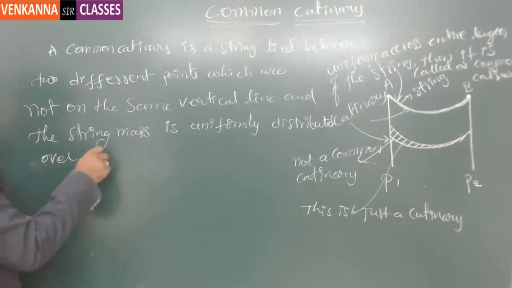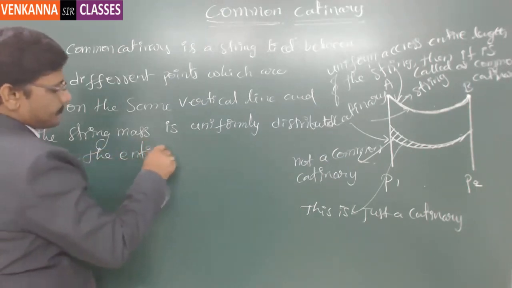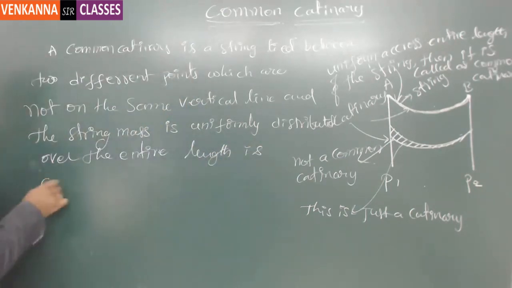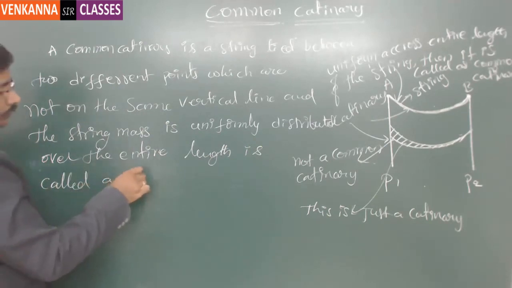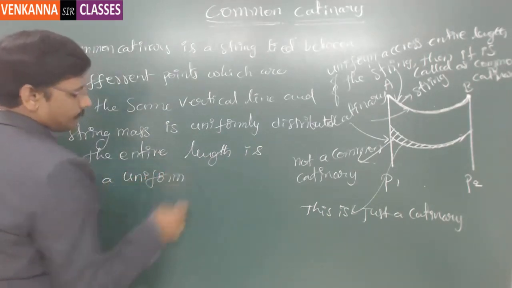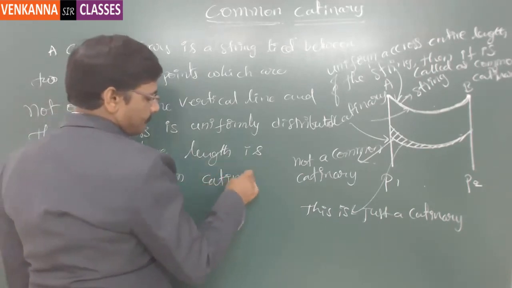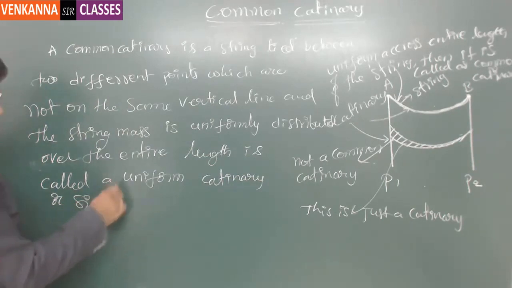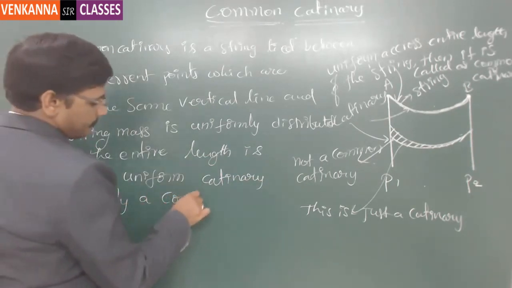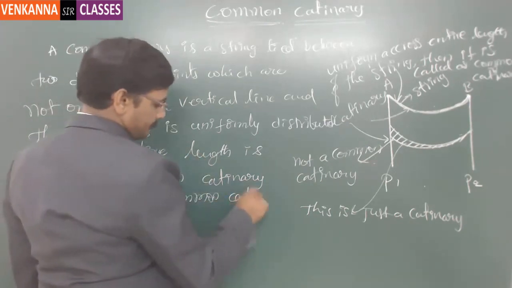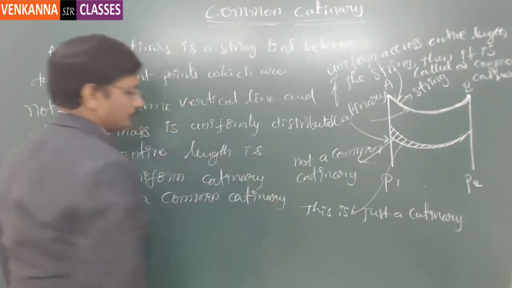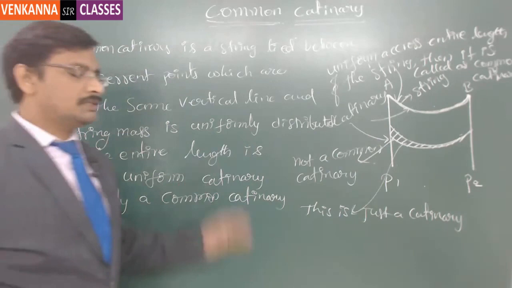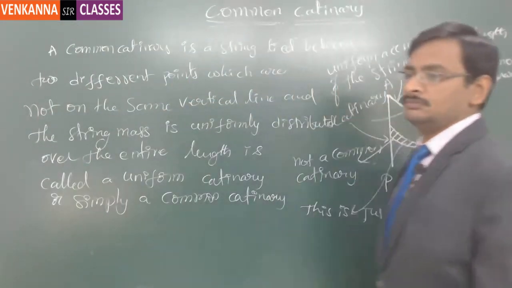That is called a uniform catenary, or simply a common catenary. Got it? So this is the definition of a common catenary. You can note this down.